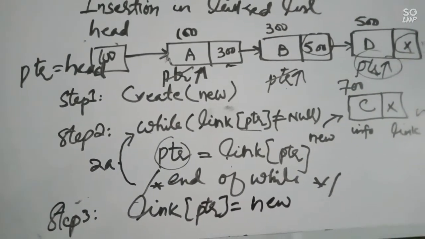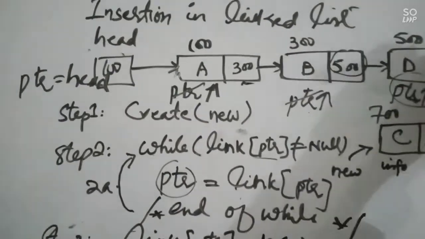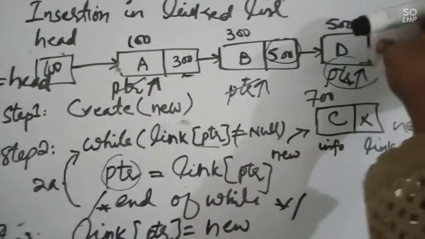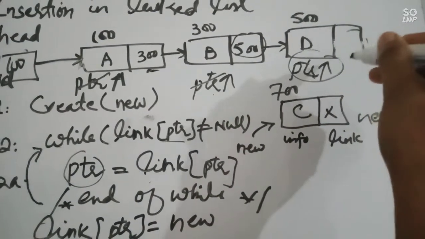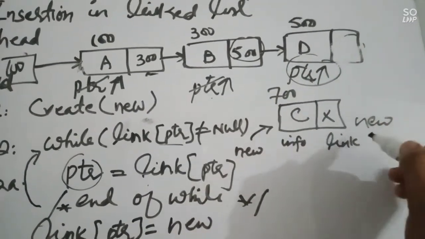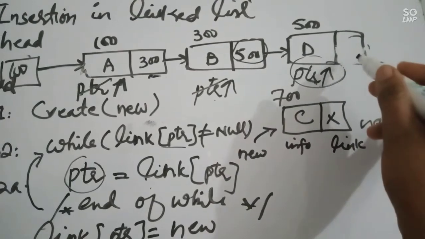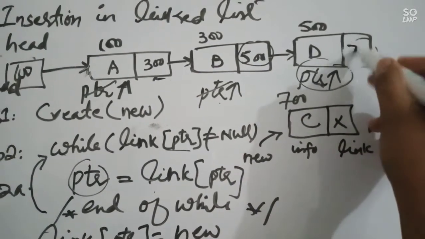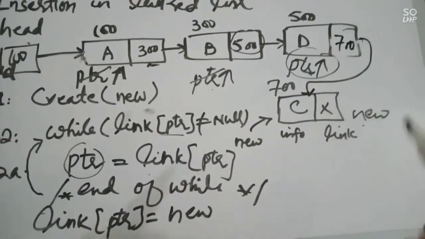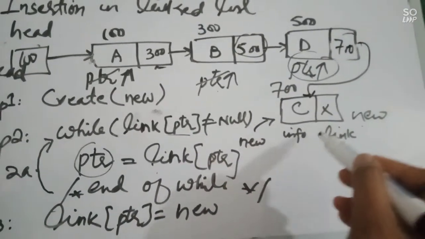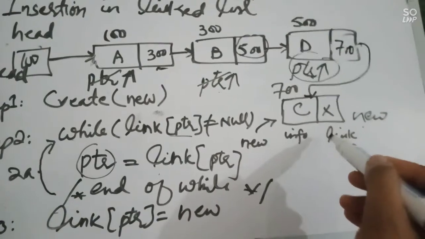So link of PTR is this one, right? In this current stage. And when we say link of PTR equal to new, we are assigning 700 to this. Now look at it, the node has been inserted in the tail position, right?